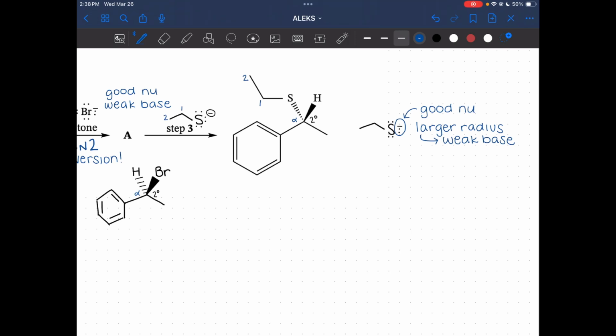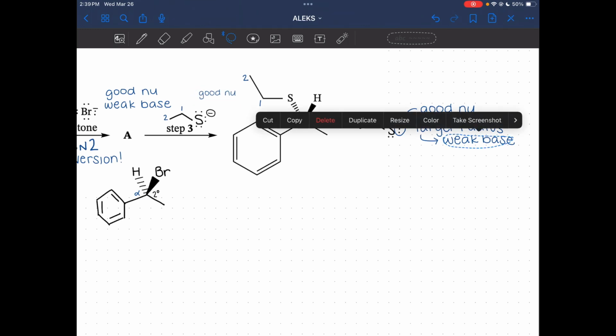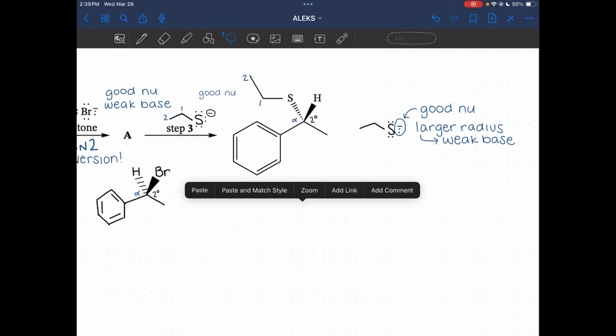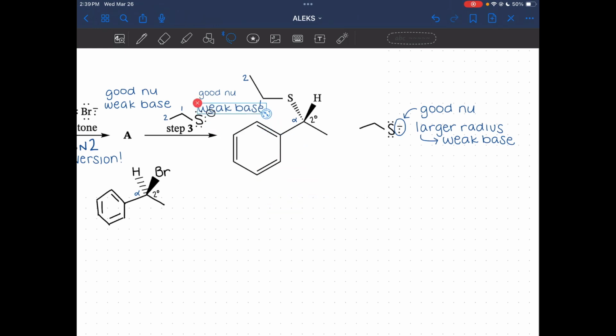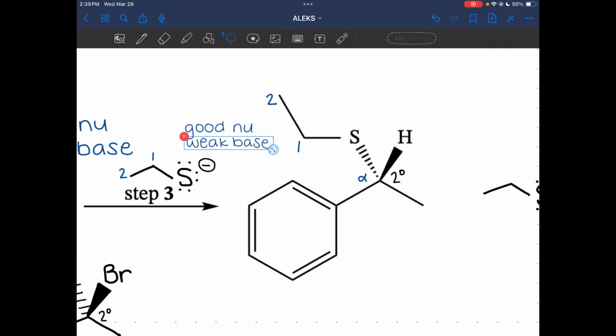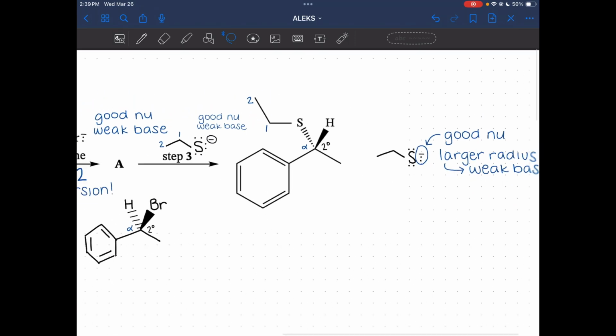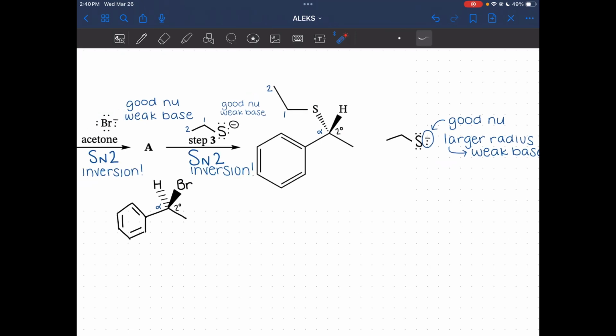So considering what would happen if I put this good nucleophile weak base with my molecule A that we drew out previously, I'm going to find that I'm going to get an SN2 reaction to occur. So again, just to overview what we just did, first I worked backwards and saw what this new addition was in terms of what type of nucleophile and base it was.